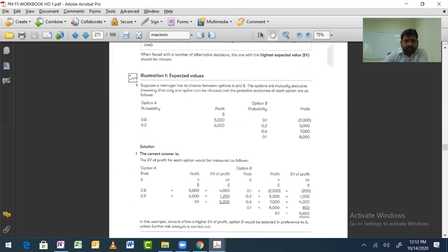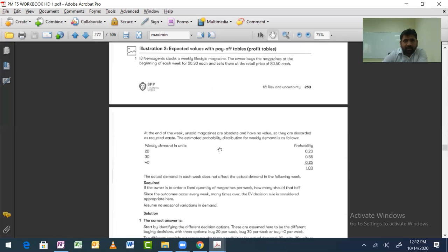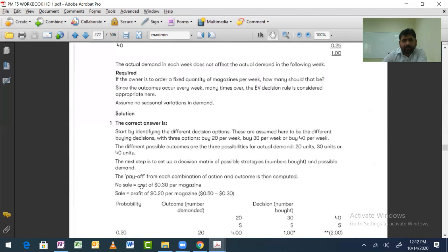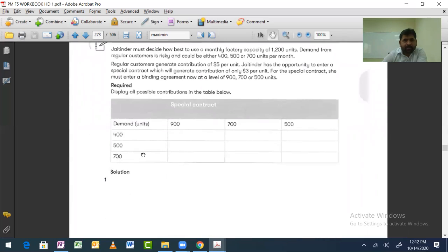Yes, here we are. First A and B is the same question. Then this question is also the same, right? The news agents one is the same one that we did. Weekly demand 20, 30, 40. Okay. So if I just change this, now here what do we have?